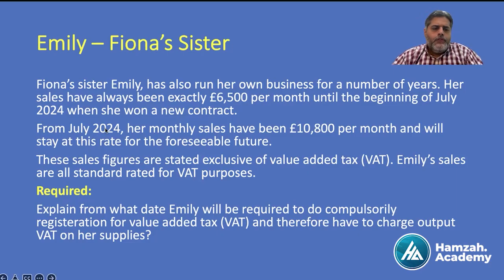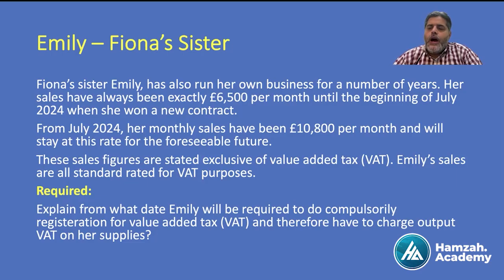Now, from July, her sales have been 10,800 and will stay at this rate for the foreseeable future. So technically, her sales have increased by 4,300 per month. She was short of 12,000 and now her sales are increasing by 4,300 per month.